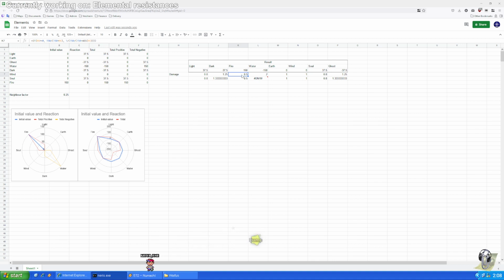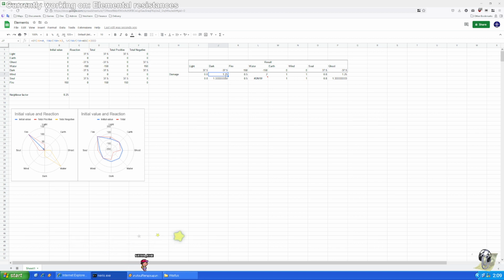So yeah, for 150, for fire, it decreases by 2. For water, it multiplies by 2. This is 1, because it's neutral. Then this looks weird. .8 to 125.